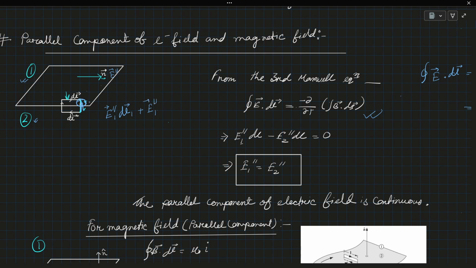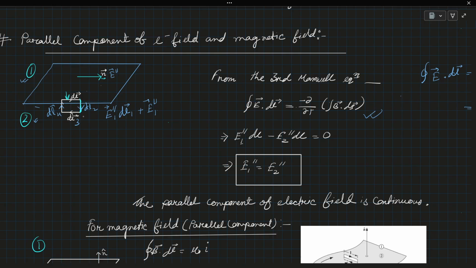E1 parallel, let's say this is dl2, and dl2 is in this direction. This is dl3, and this is dl4, let's say.